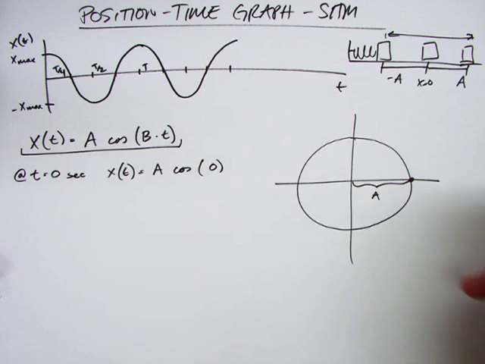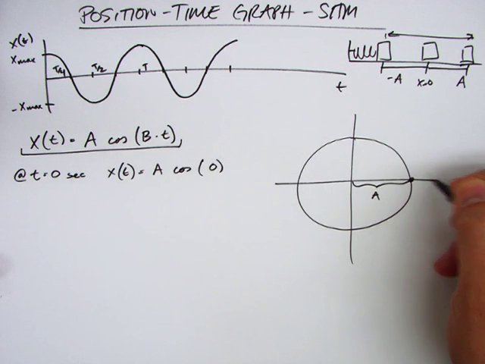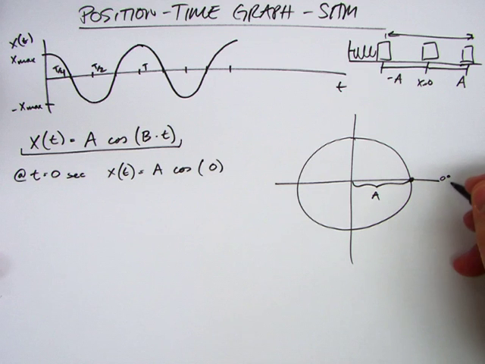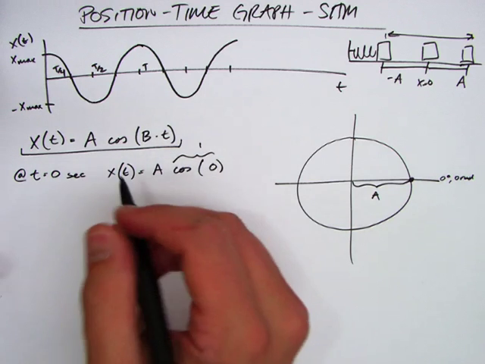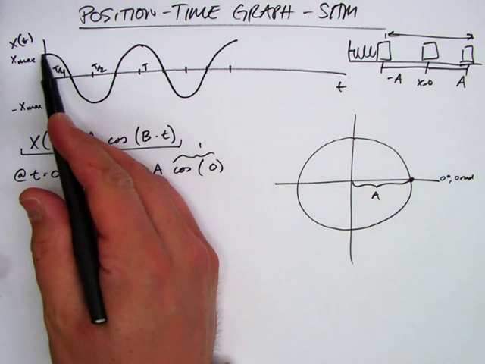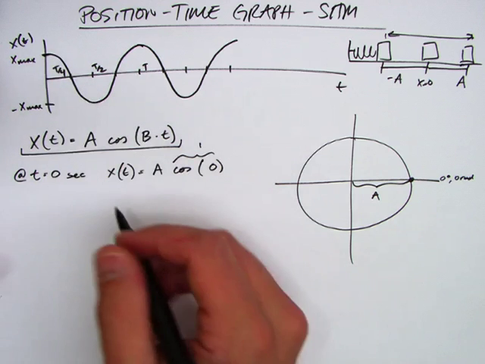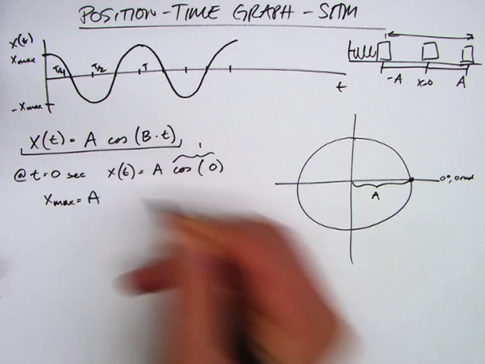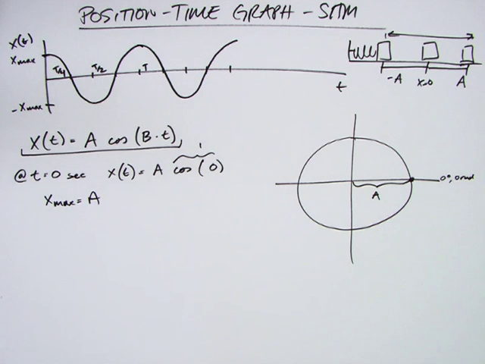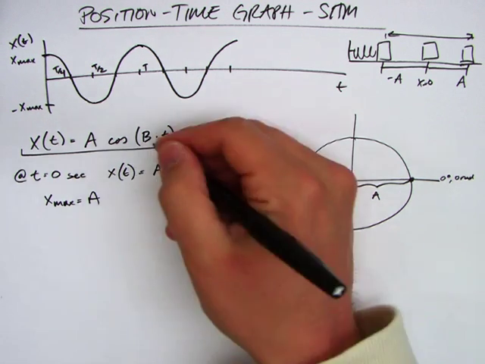Cosine of 0, if I start at 0 degrees or 0 radians, either way, is 1. So when I'm at time 0, I'm at my maximum amplitude, so the x max is A. So that's pretty easy to see. Now, the relationship for b is a little harder.